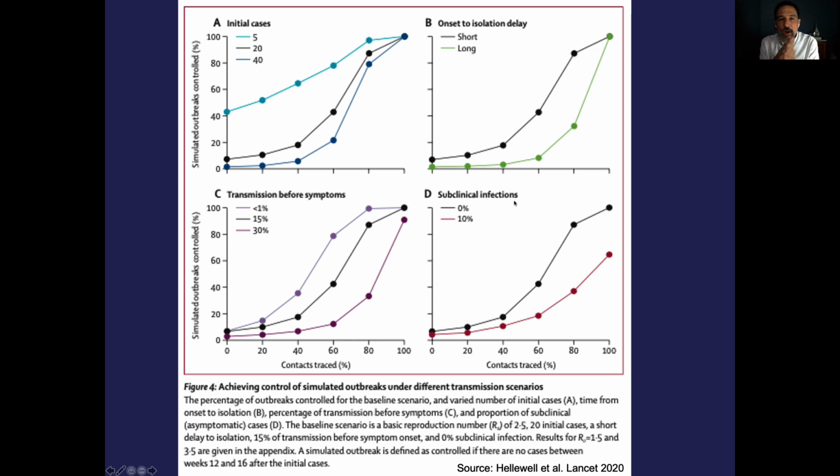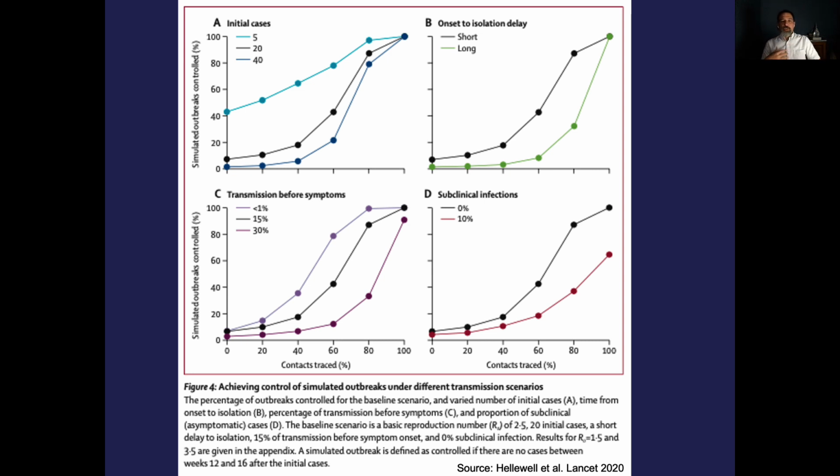So the authors concluded in most scenarios, highly effective contact tracing and case isolation, meaning they're doing it quickly and they're tracing all the contacts, is enough to control a new outbreak of COVID-19 within 3 months. And the probability of control decreases with long delays from symptom onset to isolation, with fewer cases ascertained by contact tracing, and with increasing portion of transmission before symptoms.